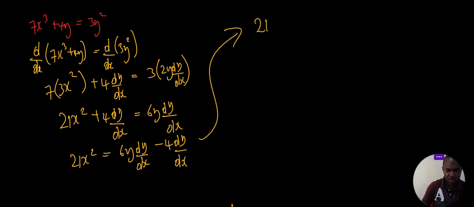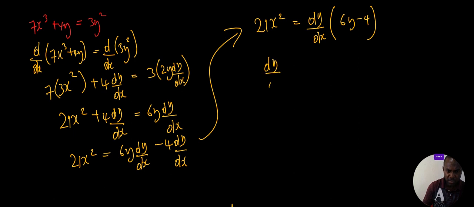So we get that 21x squared is equal to dy by dx bracket 6y minus 4. And this therefore means that dy by dx is equal to 21x squared all over 6y minus 4. And that is dy by dx for that particular implicit function. Right? Let's look at another example.